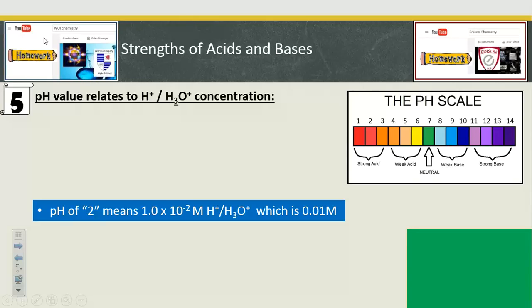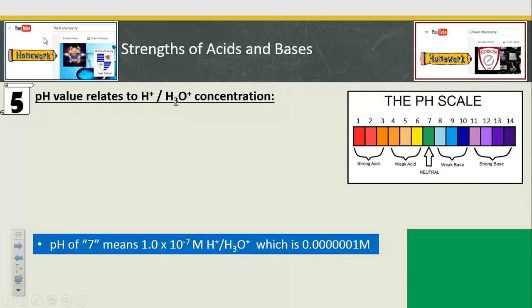So the bigger the pH number, the smaller the concentration of that particular acid is. A pH of 7 is 1.0 times 10 to the negative 7 molarity, which is a very small concentration, 0.0000001 molar acid. So it's a very weak acid at pH 7.